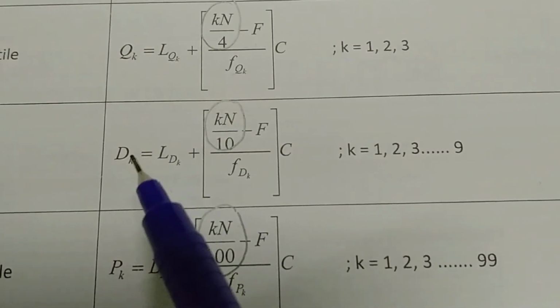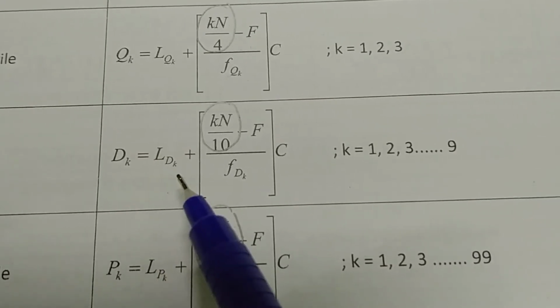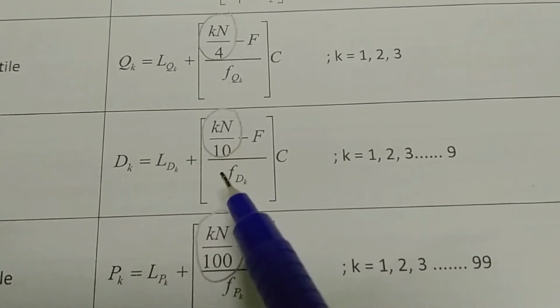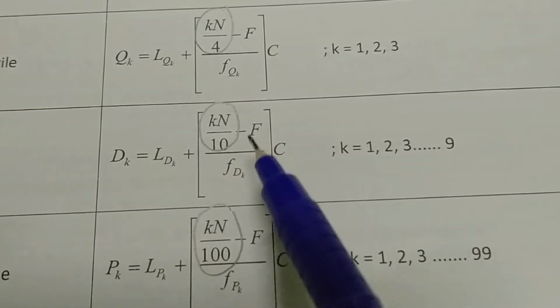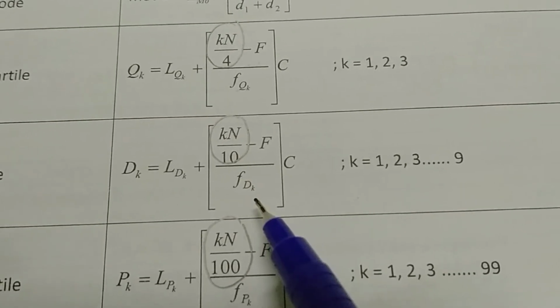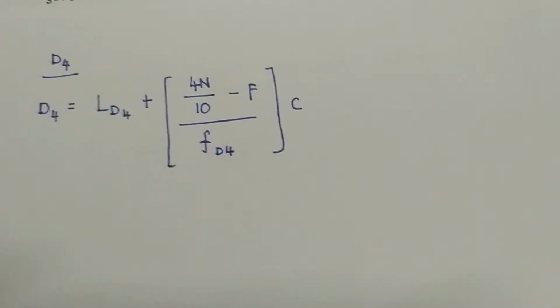Our k now is 4. D4 is equal to LD4 plus 4n divided by 10 minus capital F divided by small f D4, times C. Okay, so this is the formula.